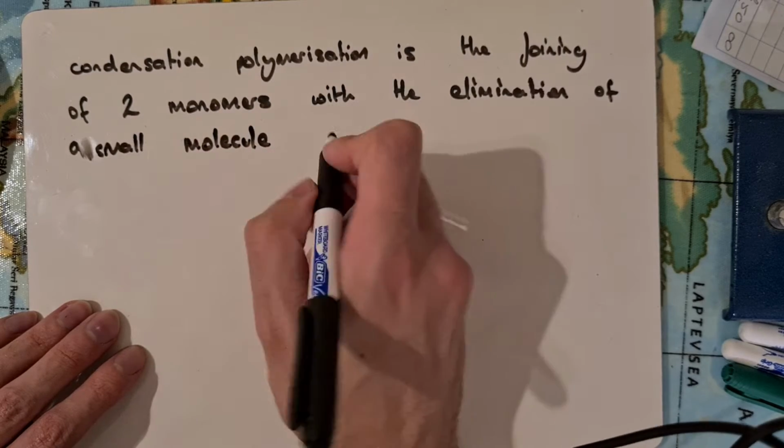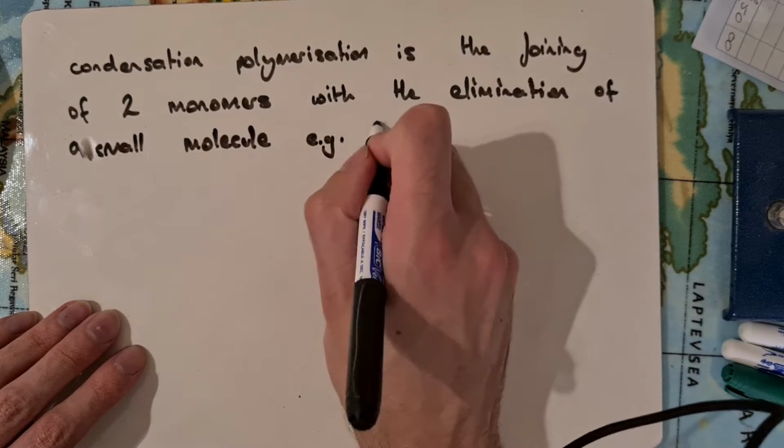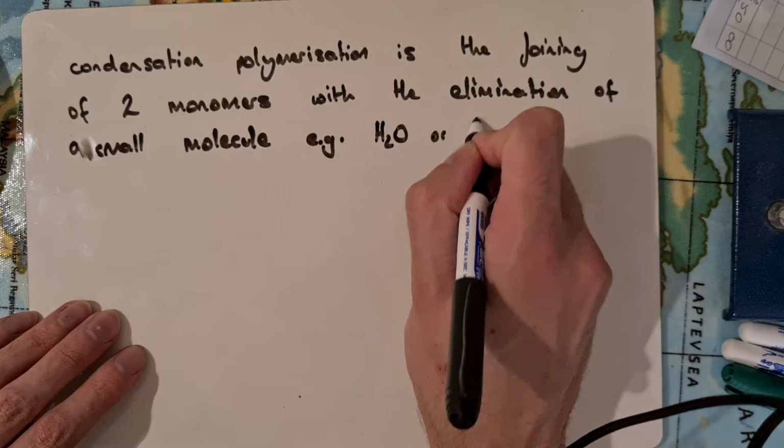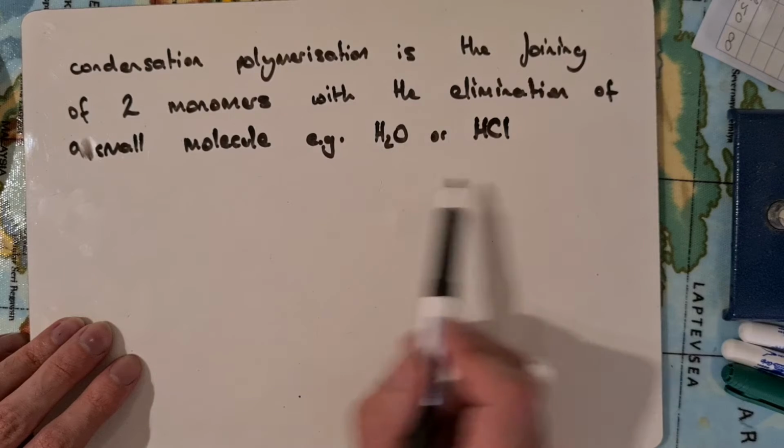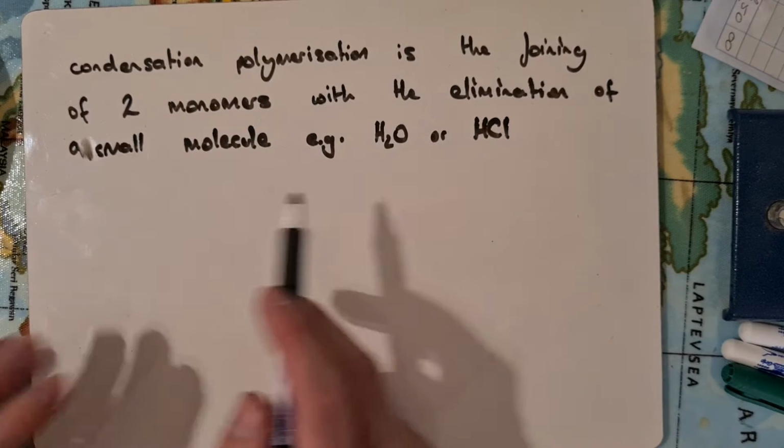Now that small molecule is usually water, sometimes hydrochloric acid. In all the examples we'll look at today, it'll be either one of these two, and it's mainly H2O.